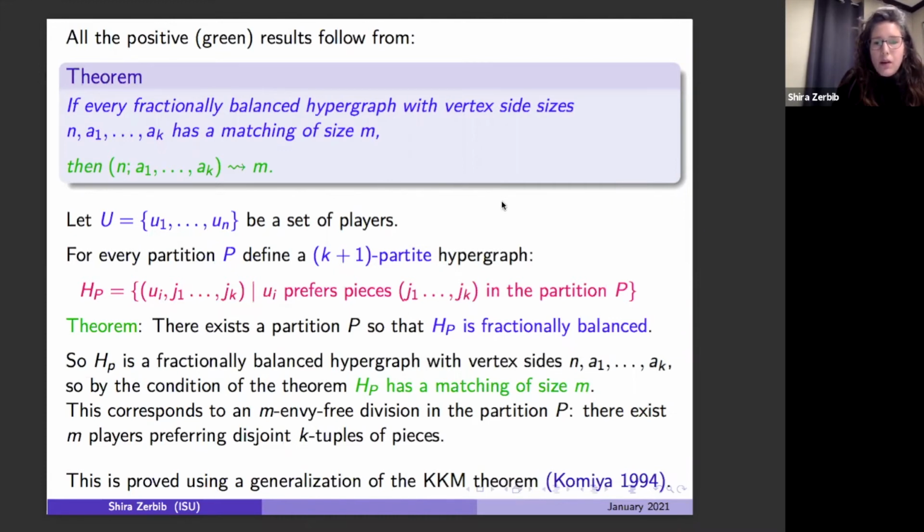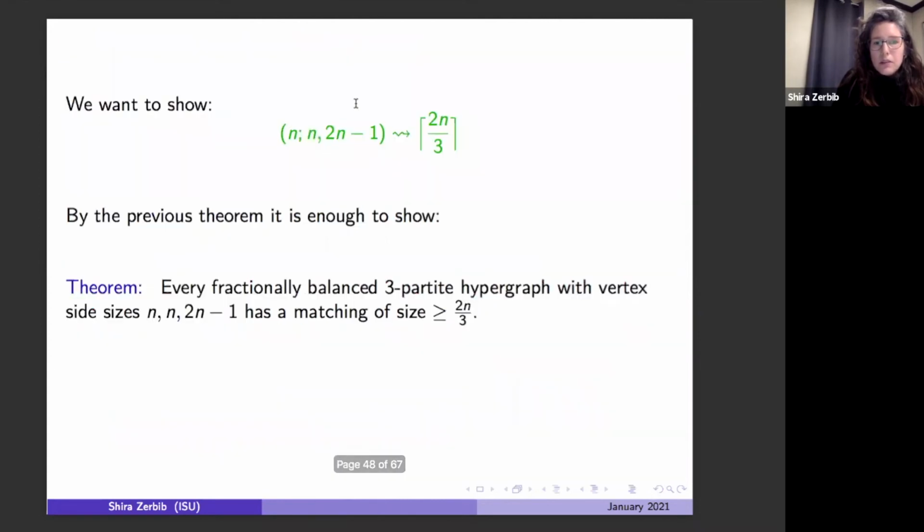Okay, so now I want to use the time that I have left to show you how to prove this result, which actually follows from the previous theorem and the theorem that every fractionally balanced three-partite hypergraph with vertex sides n, n, and 2n minus 1 has a matching of size 2n over 3.